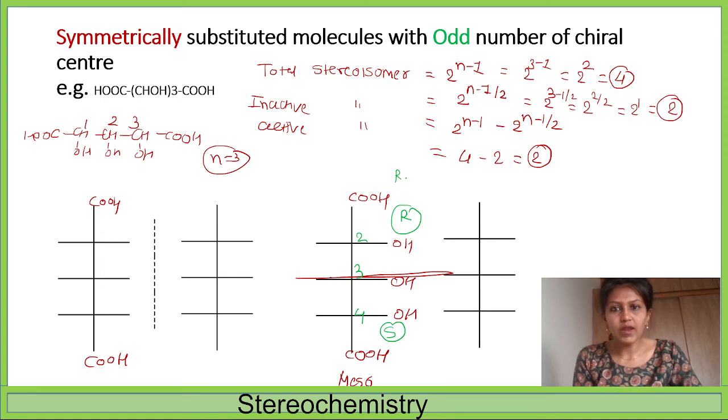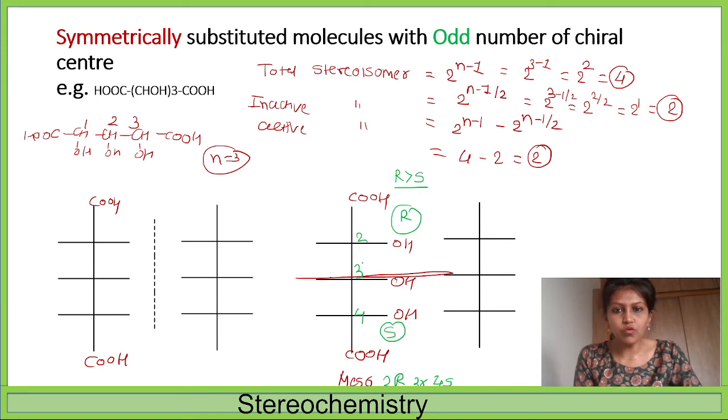We know that R has more priority than S, right? So if we assign R or S configuration at carbon number 3, then it becomes R. So 2R, 4S and 3 small r. It is denoted by small r.